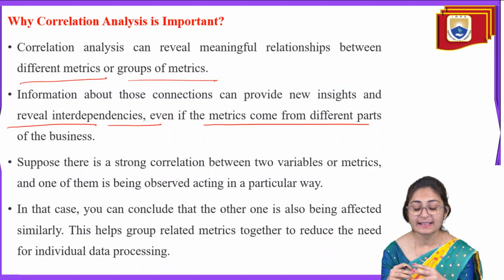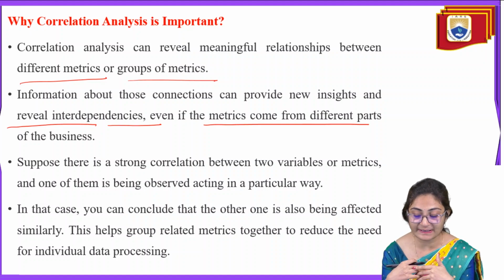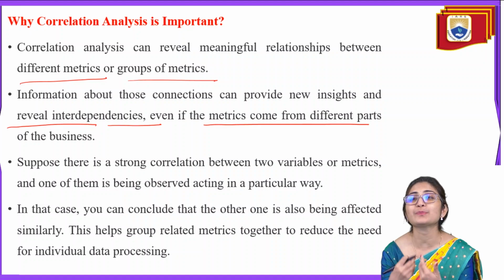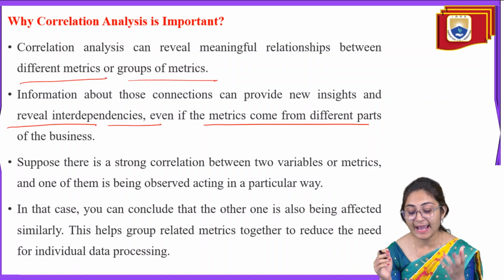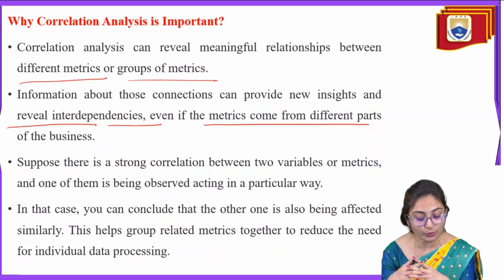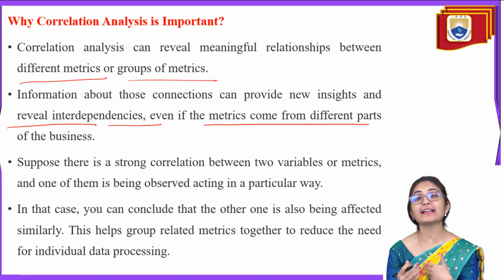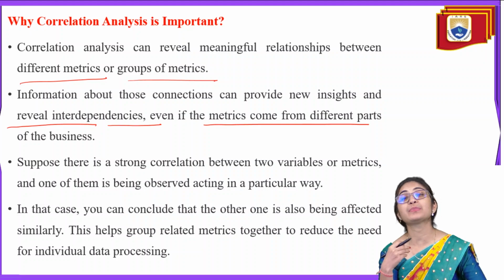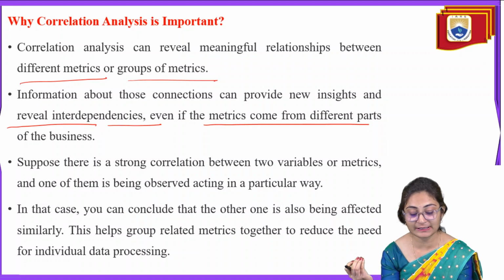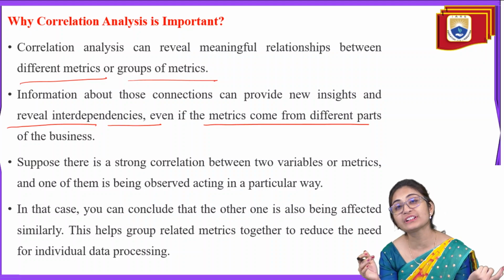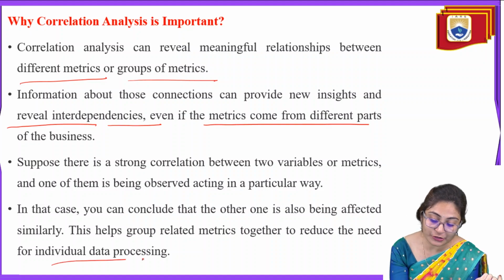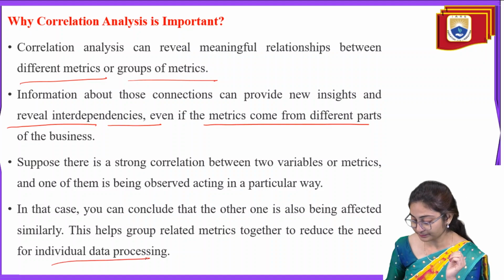Suppose there is a strong correlation between two variables or metrics, and one of them is observed acting in a particular way. In that case, we can conclude that the other one is being affected similarly. This can help you relate the metrics together to reduce the need for individual data processing.